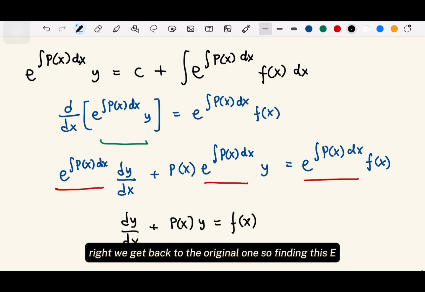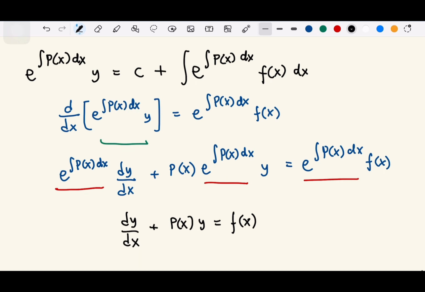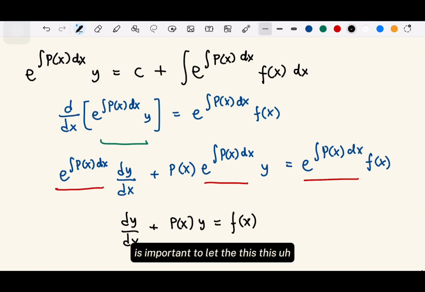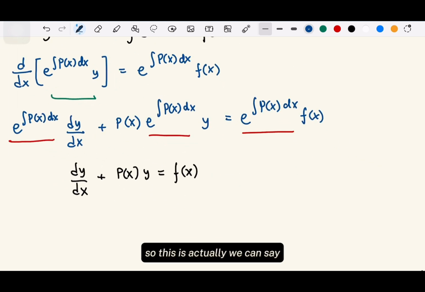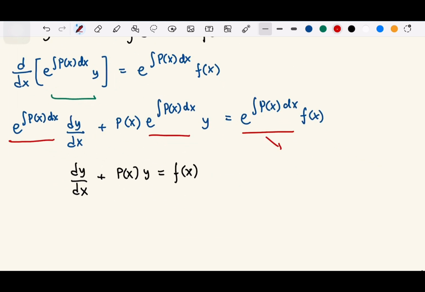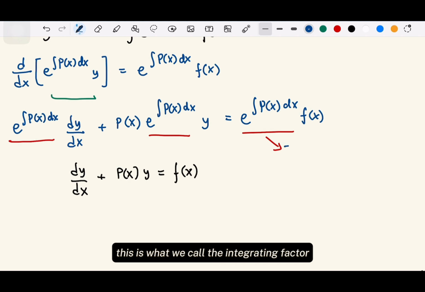We get back to the original one. So finding this e is important to let the process come to a solution. So we can take this e. This e is actually what we call the integrating factor.